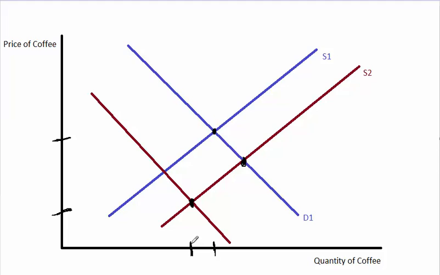So when the supply increases and the demand decreases, you can see that the price will always go down, but you can't be so sure about the quantity because it depends on how big of a drop in demand there is.